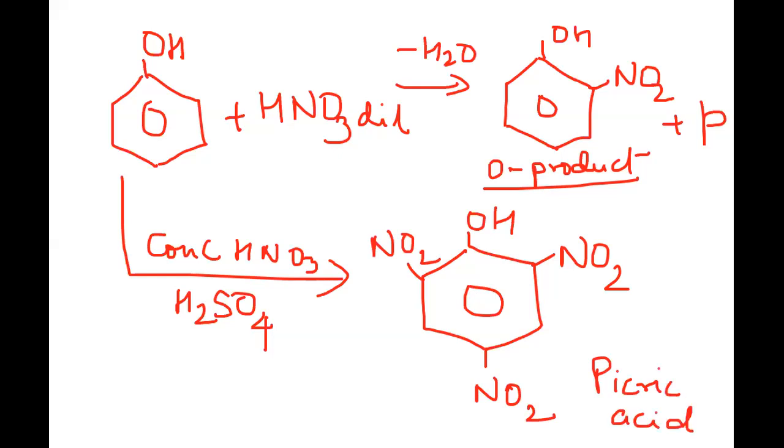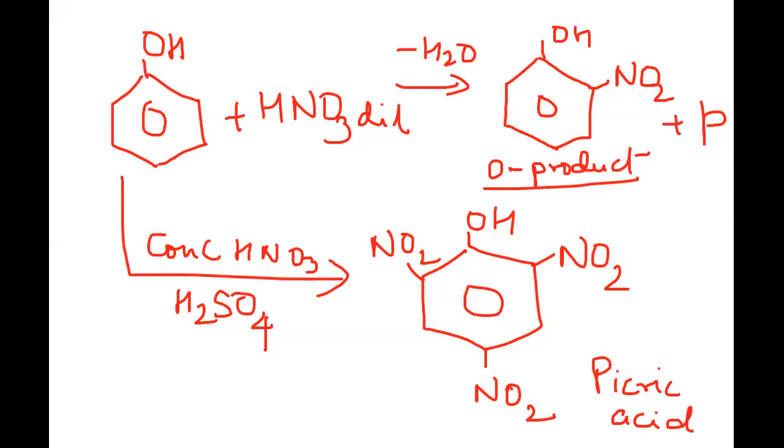In order to obtain high yield of picric acid, the phenol is first treated with sulfuric acid, and then a mixture of 2-phenol sulfonic acid and 4-phenol sulfonic acid is obtained. It is then treated with HNO3 to get the product. However, you don't have to go into the details of all that. Just know the products of nitration.